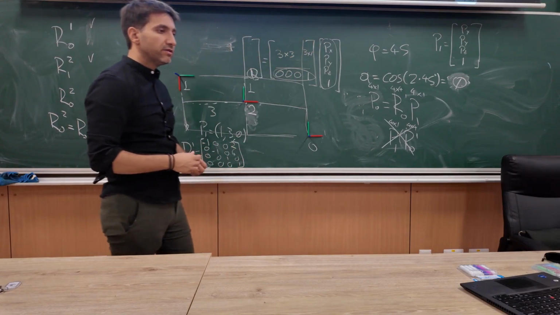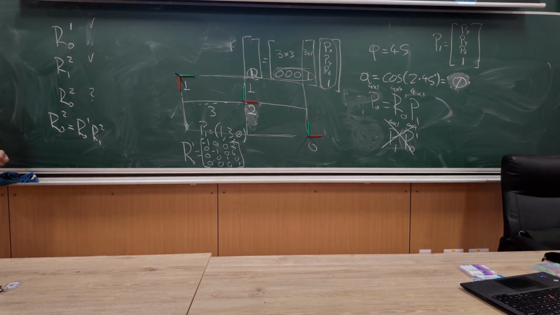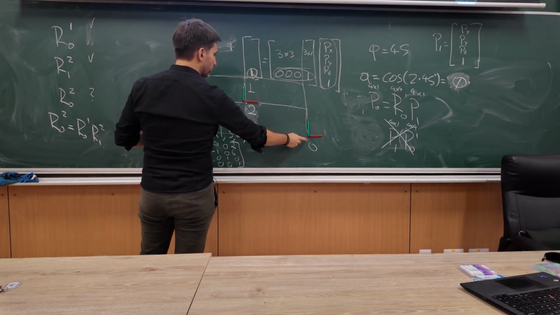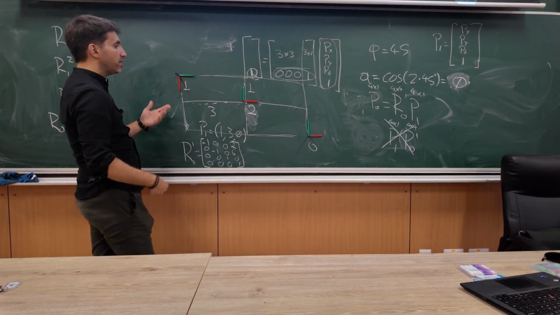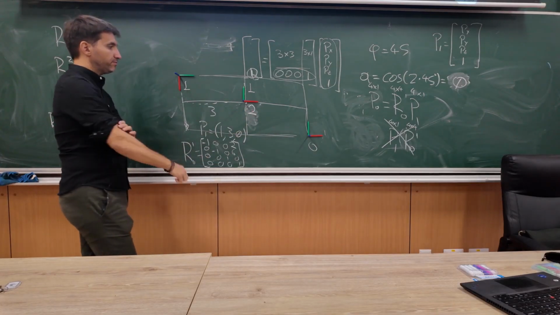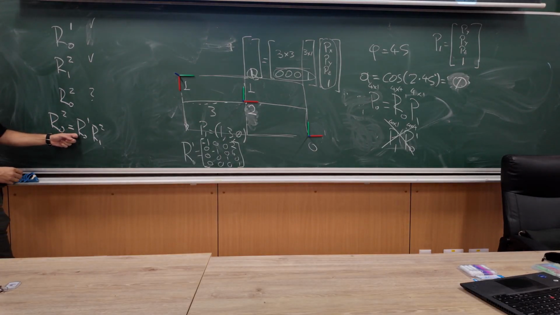So we can use this chain rule as well to calculate a frame with respect to another frame. If I know a specific transformation from 0 to 1, and I know another transformation from 1 to 2, I can calculate the combination of the two. Right? Let's see a bit of dimensions here. What dimension does this have?